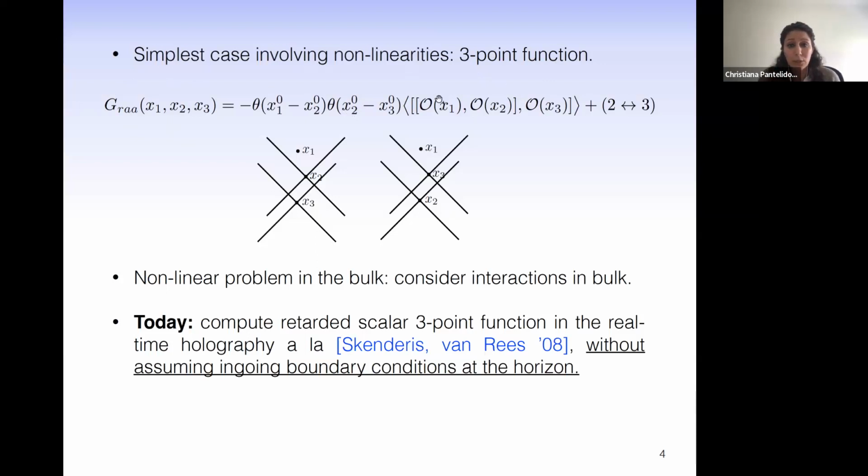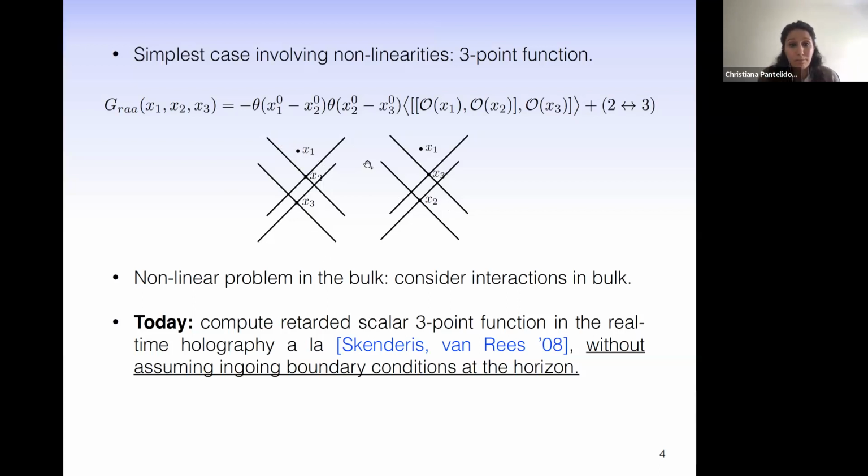It's not too difficult to see that this first term is non-zero when x1 lies in the future light cone of point x2 and x2 is in the future light cone of point x3. Similarly, the second term is non-zero when x1 is in the future light cone of point x3 and x3 is in the future light cone of point x2.